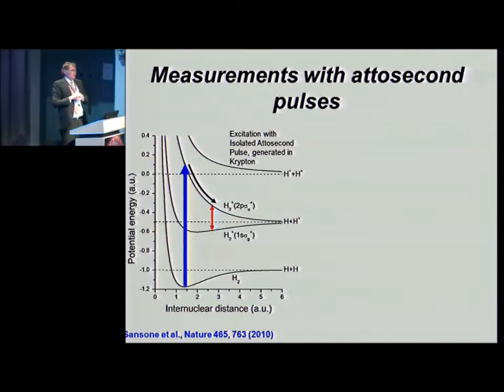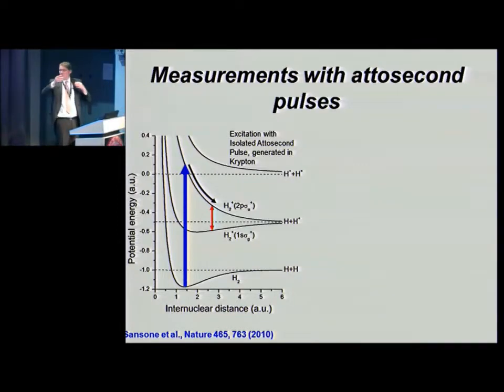Again, I'm going to look at what we call a dissociative ionization. So the attosecond pulse is going to ionize the molecule, but moreover, the molecule is going to fall apart into two fragments, one neutral H atom and one H plus ion. And that actually introduces a very interesting question into the experiment.